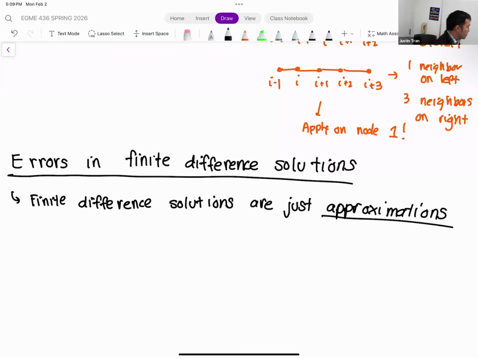This goes for any computational simulation, whether you're doing finite difference, finite volume, or finite element. There are always going to be errors, and in fact, there's always an expectation that there are going to be errors in whatever solution you produce.